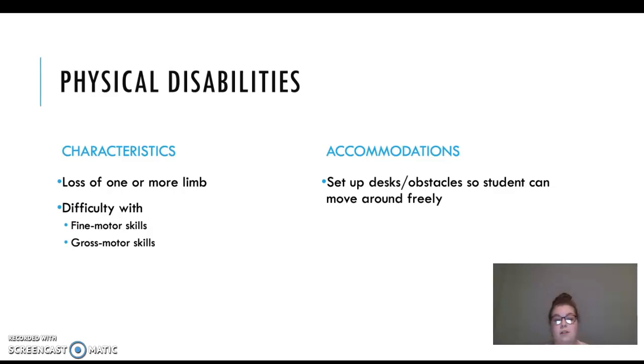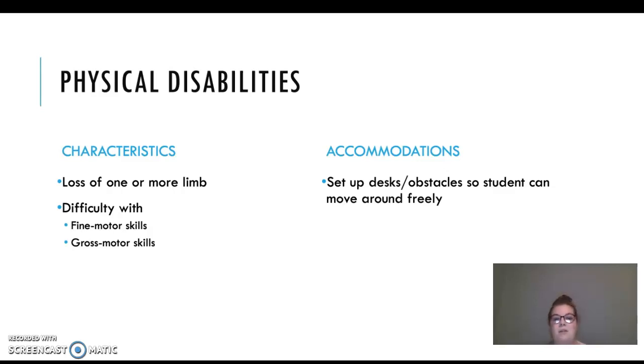Fine motor skills and gross motor skills include buttoning clothes, writing, coloring, painting, anything like that, and even walking or running. Some accommodations would include setting up desks and obstacles so students can move around freely, so just having desks kind of spread out everywhere.